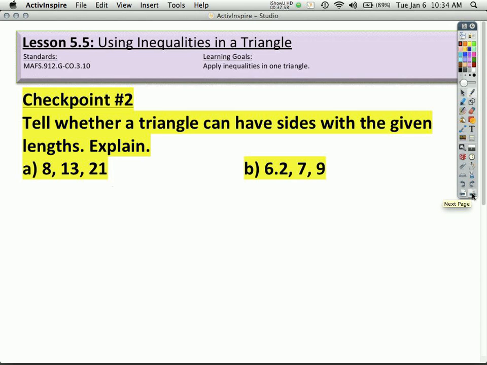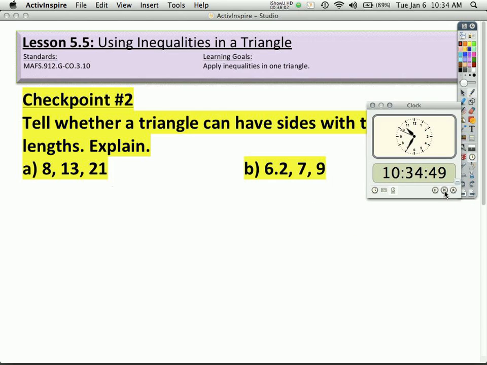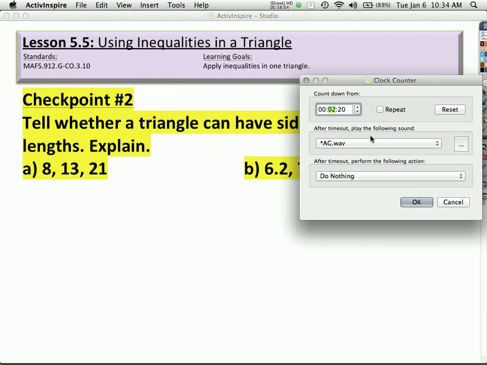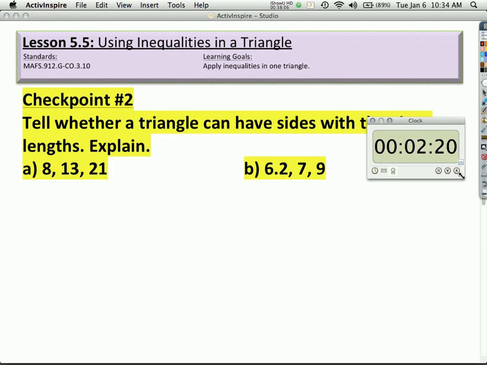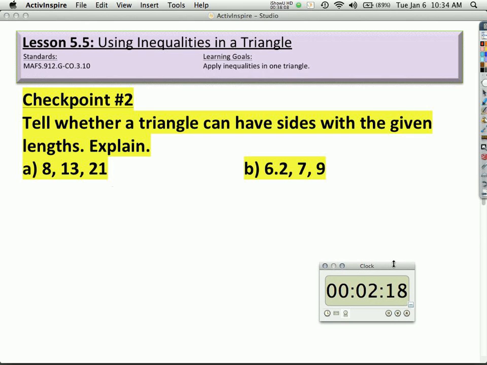Some of you, it's going to take you a lot less time than others, so I'll compromise and I'll put 2.5 minutes on the clock. If everyone on your team is done, compare your answers. It's a yes or no question, but there needs to be evidence. There needs to be an explanation.